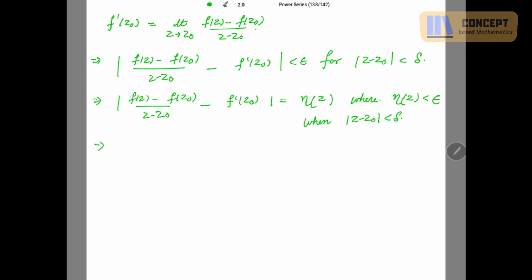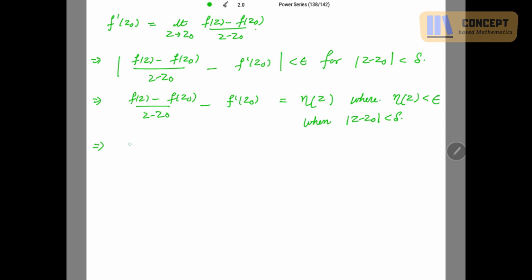Here mod is not present, sorry. Whenever this mod is less than epsilon, we can take it like this, where eta of z is less than epsilon.